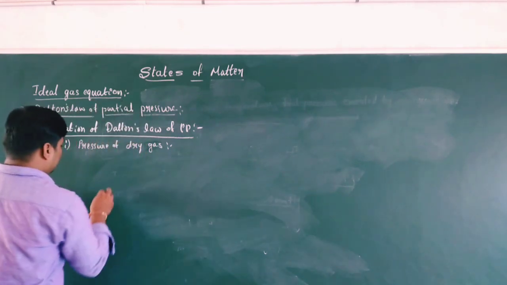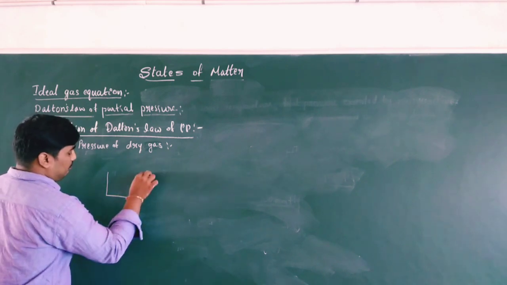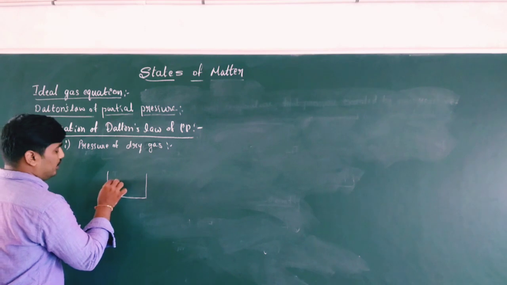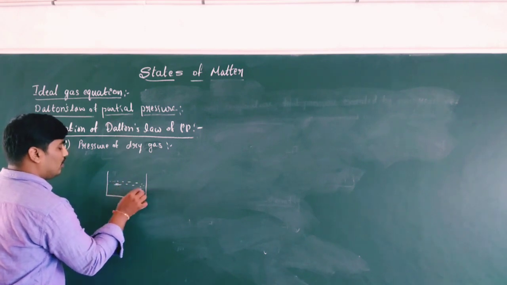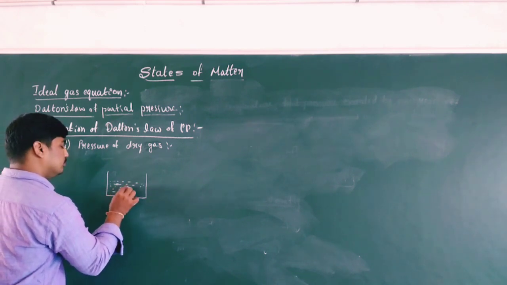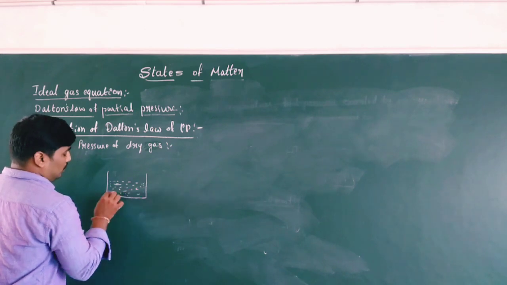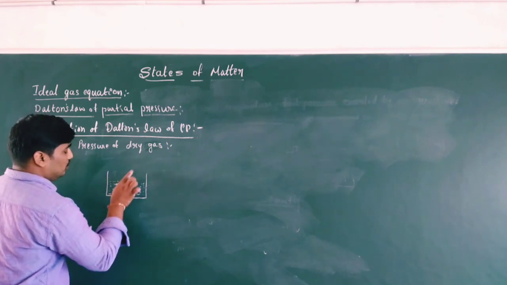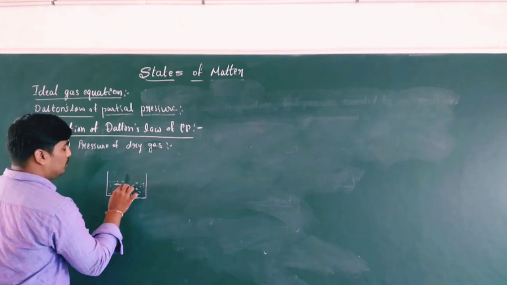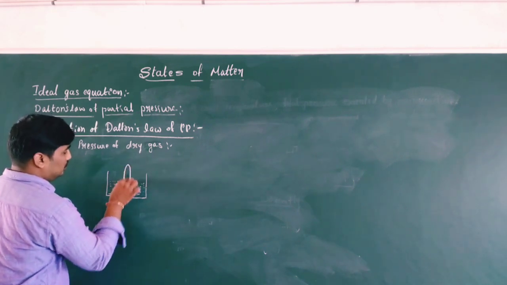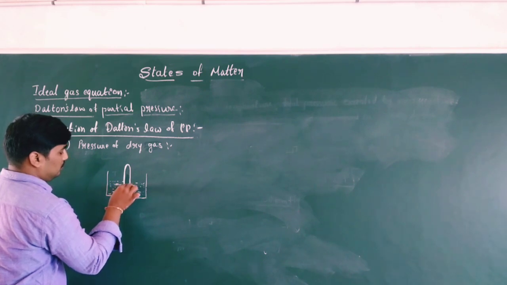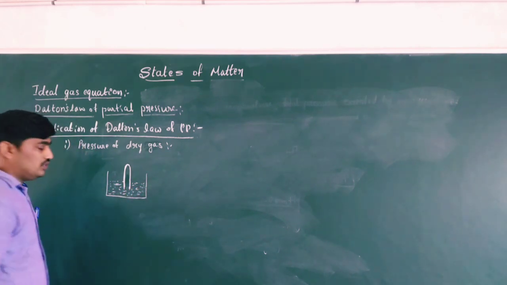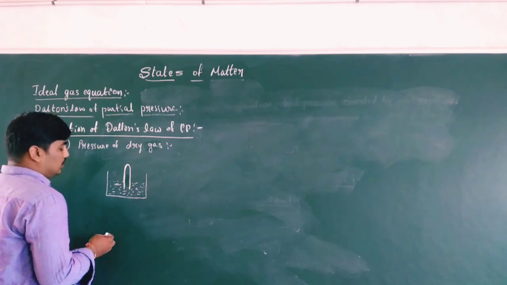Take a vessel and fill it with water or any liquid, and one U-shaped tube is inverted here.